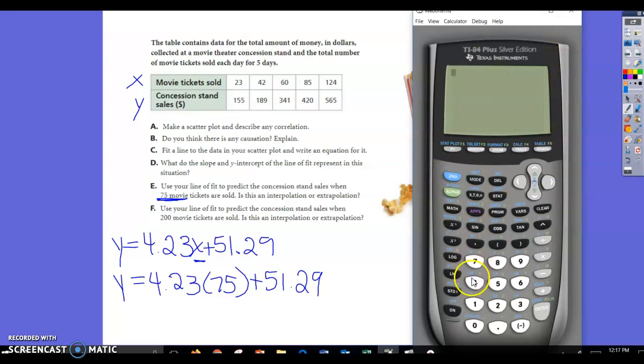So I'm going to do 4.23 times 75 tickets plus $51.29. So we're going to have about $368.54.